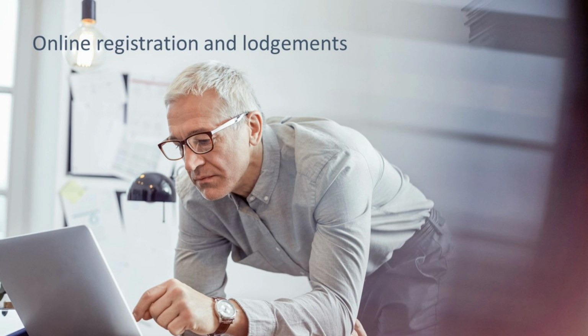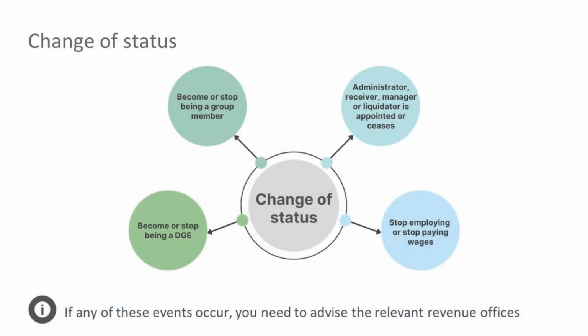Where an employer is grouped, they need to register for payroll tax if the group's Australia-wide taxable wages are above the threshold, even if their individual wages are below the threshold. A change of status occurs if you become or stop being the designated group employer for a group, you become or stop being a group member, an administrator, receiver and manager or liquidator is appointed or their appointment ceases.